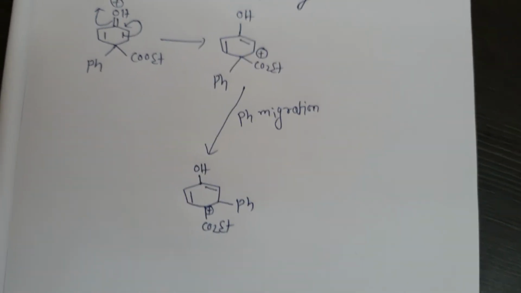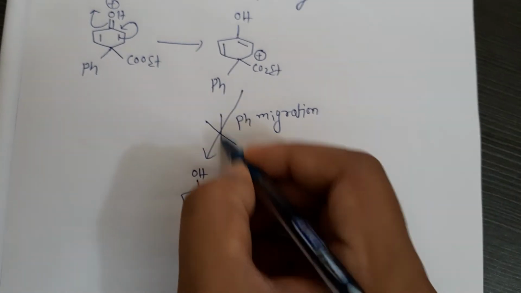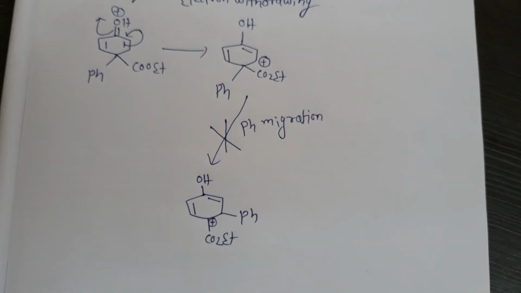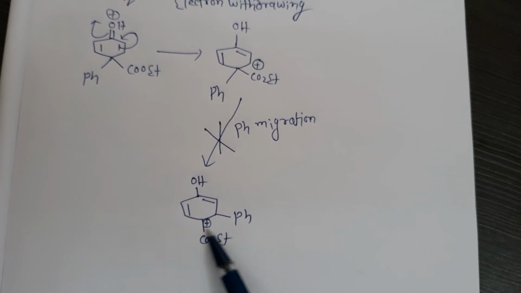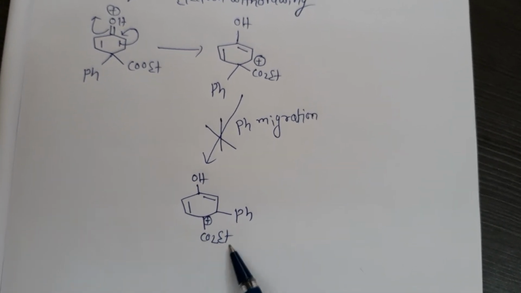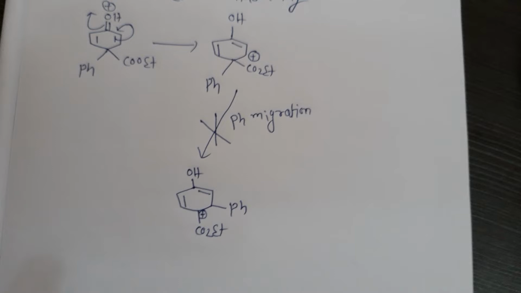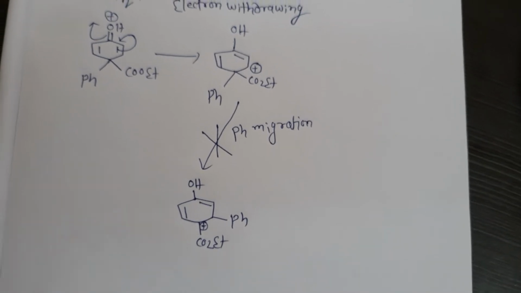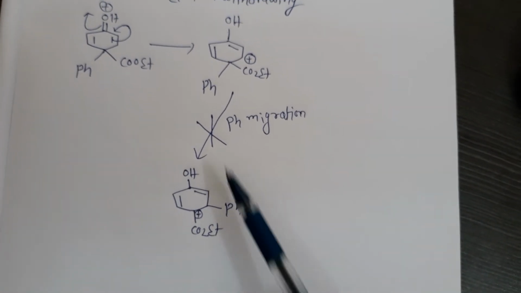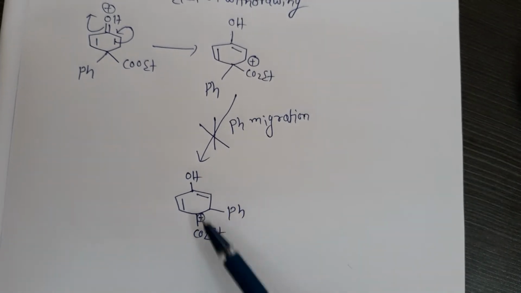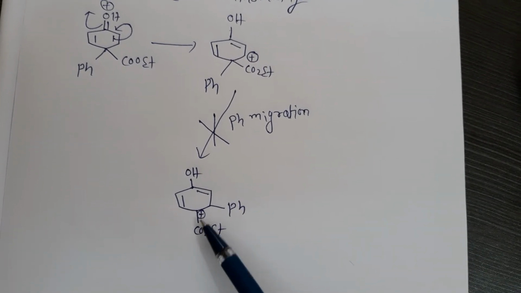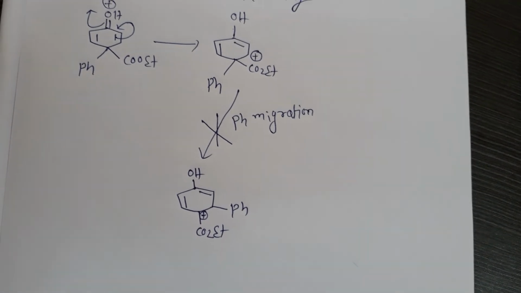Now let's see, this is not going to happen, because this carbocation is destabilized by the electron withdrawing effect of the COOEt group. Understand? Let me tell again. If Ph is migrating to that carbocation center, then the carbocation which is formed is near the COOEt group, which is an electron withdrawing group.